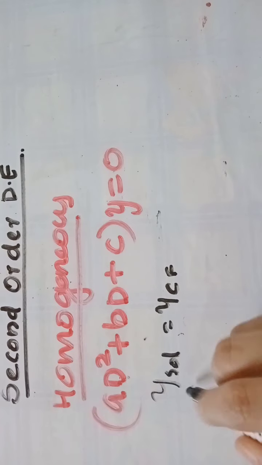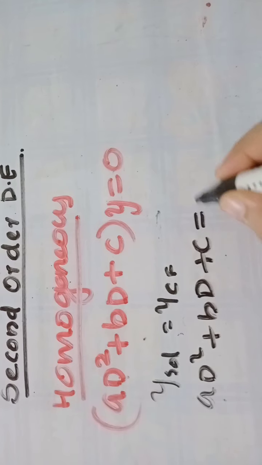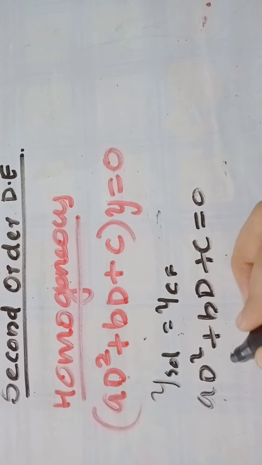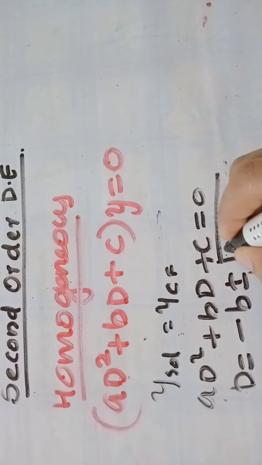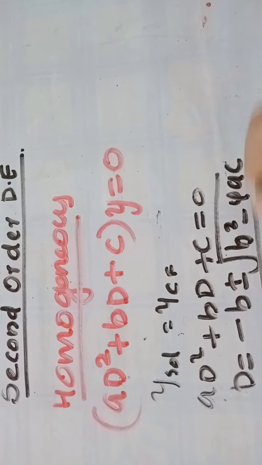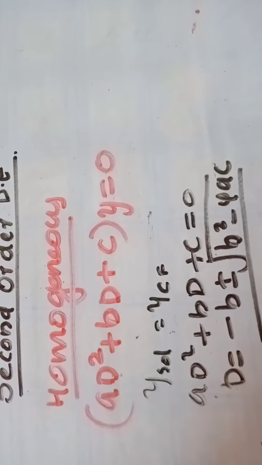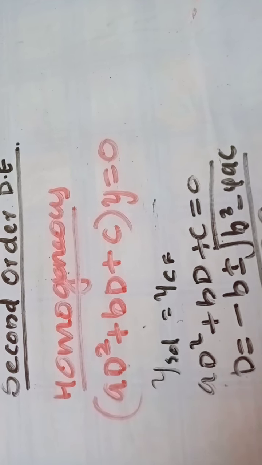For that we have to find the roots. We set this equation equal to 0, and for a second order differential equation, two roots are there. To find the roots, we know D = (-b ± √(b² - 4ac)) / 2a. This is the equation for finding roots.